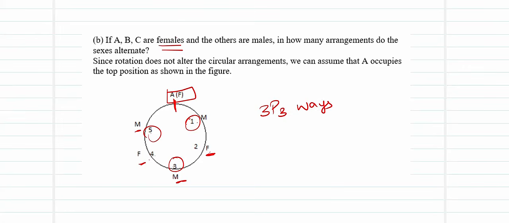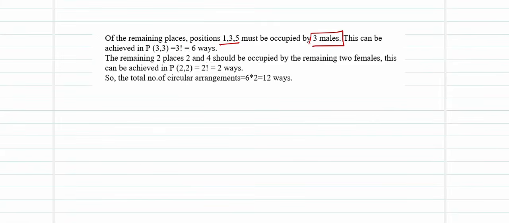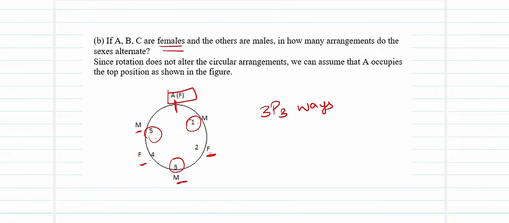Now I have the remaining 2 places, position number 2 and 4, which can be occupied by 2 females. How many ways can I do it? 2P2 ways. So this place can be done in 3P3 ways, and the remaining 2 can be done in 2P2 ways.